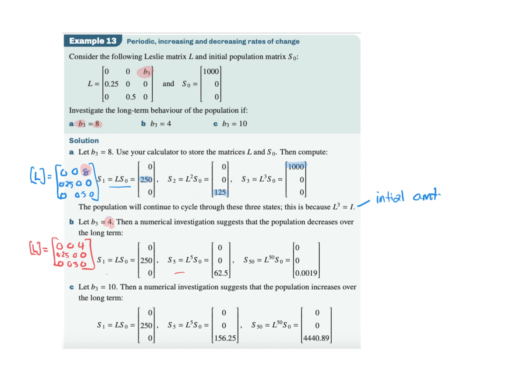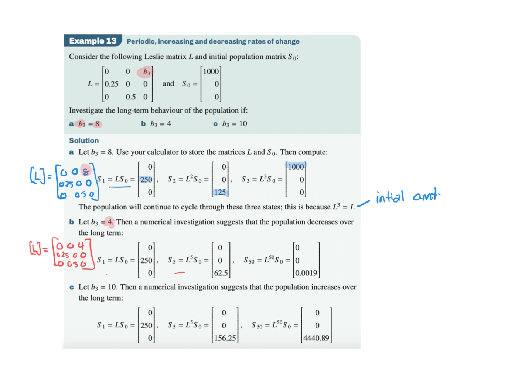They just looked at the cycle, L1, L5 and L50, and they just said it decreases after a while.